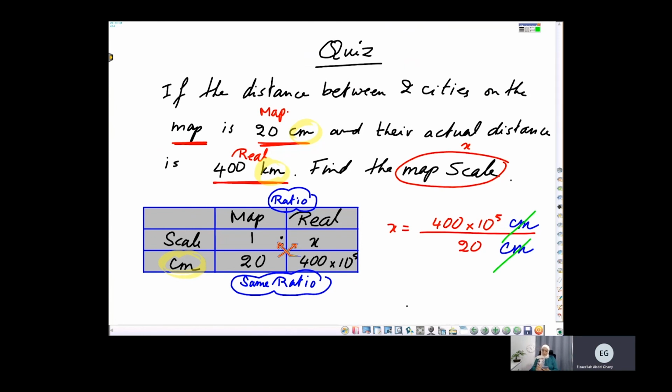Now, calculators. In the numerator, you write 400 times 10 to the power of 5. In the denominator, you write just 20. So X is 2 million.